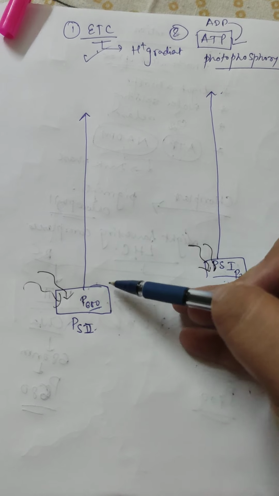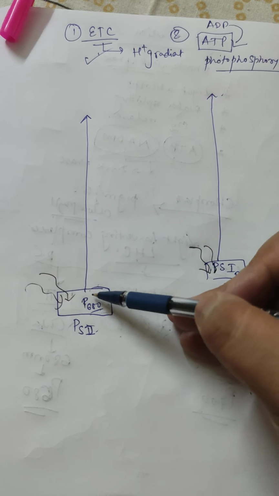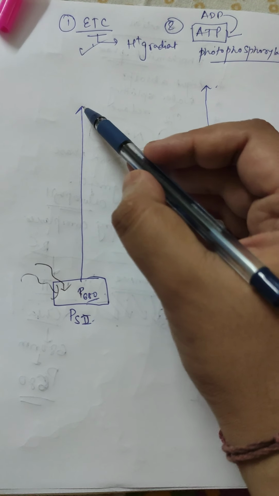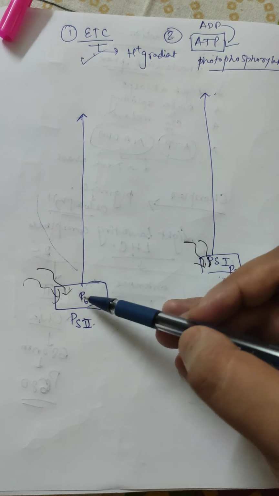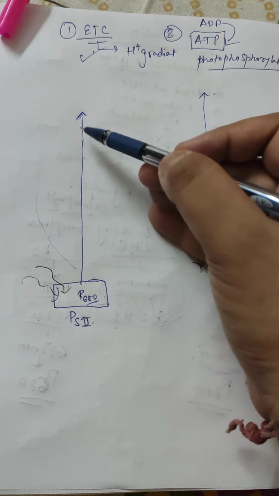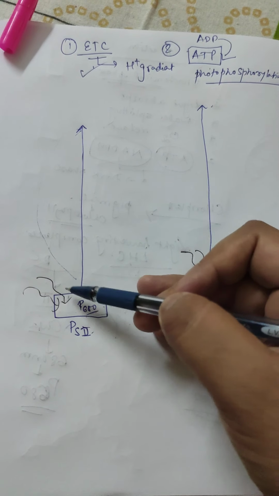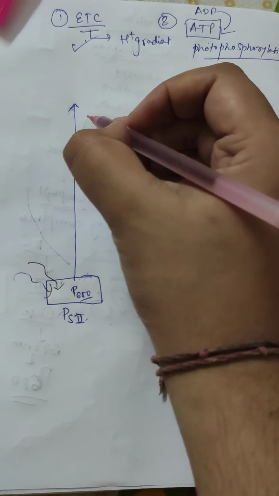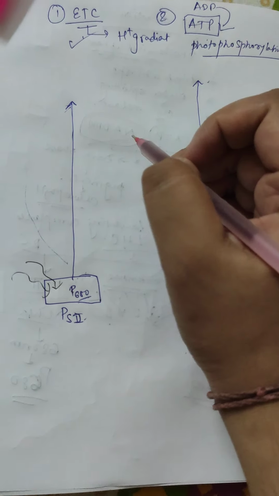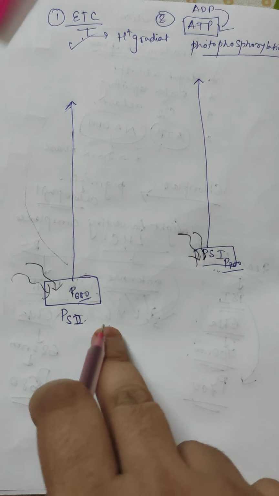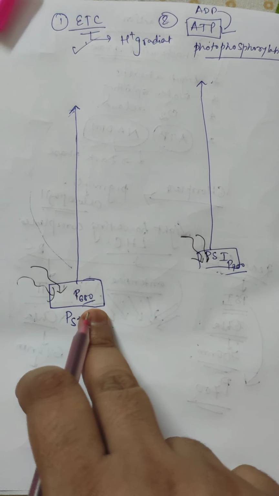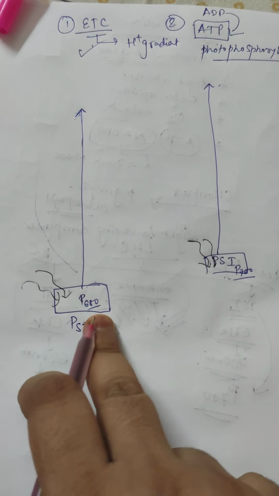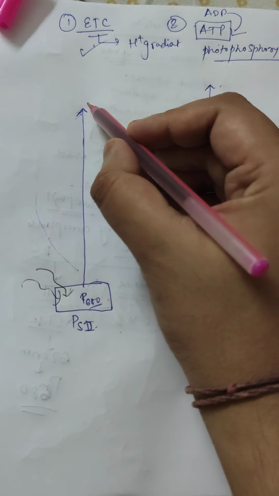Normally, if a substance has its electrons excited to a higher energy level, it may lose the energy and return back. But over here, you have an acceptor of these electrons. The electrons get excited from here, and then you have someone who can accept the electrons over here.